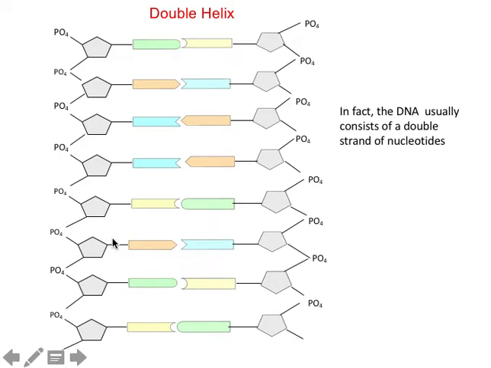Now, when you join these bases together to make your double helix, you have made your DNA strand. And depending on the sequence of your bases, which determines your genetic code, that will determine who you are and why you are the way you are.